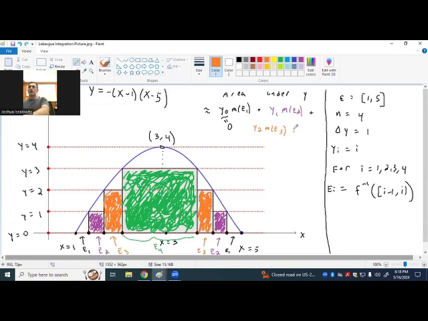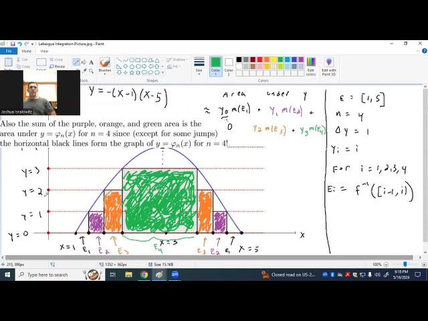And in green, this is Y3 times the measure of E4. Add these up and you roughly get the area under this curve.